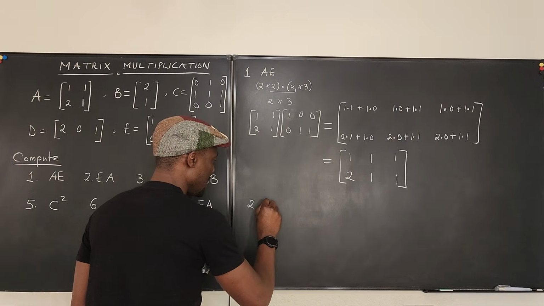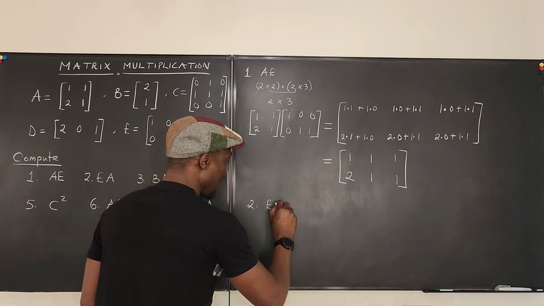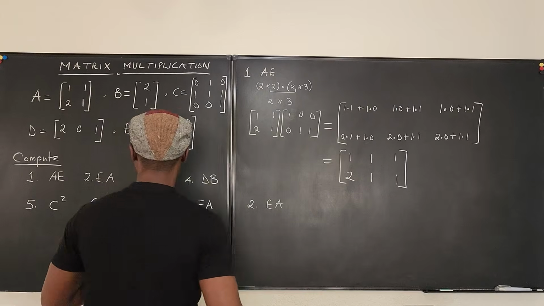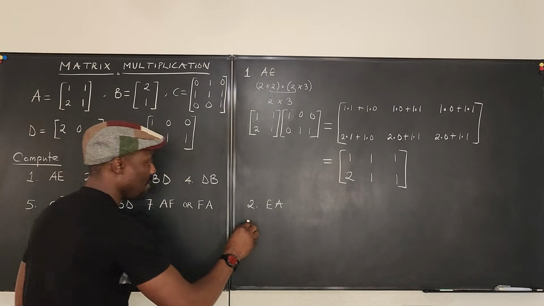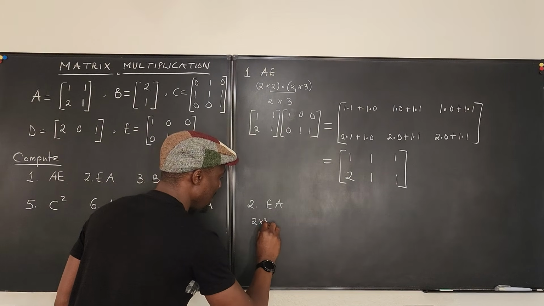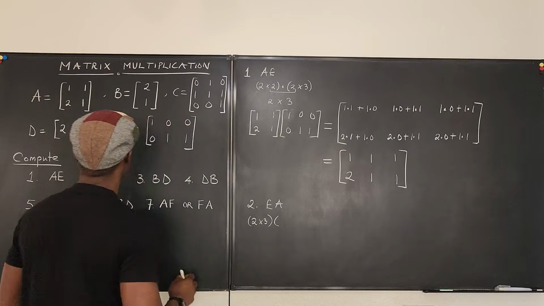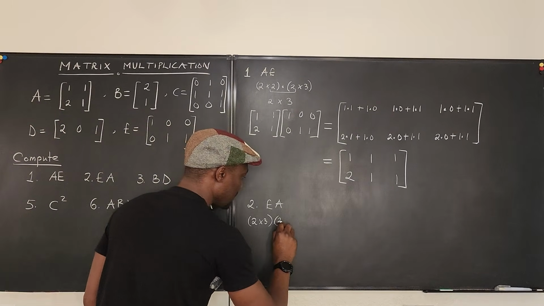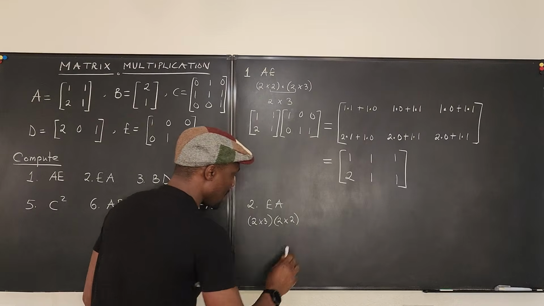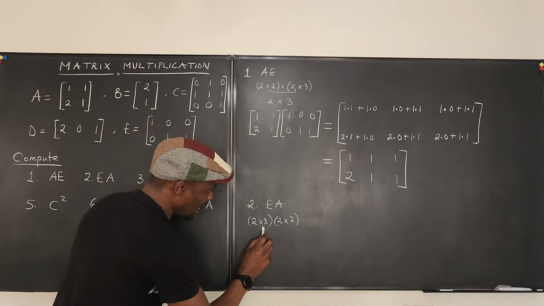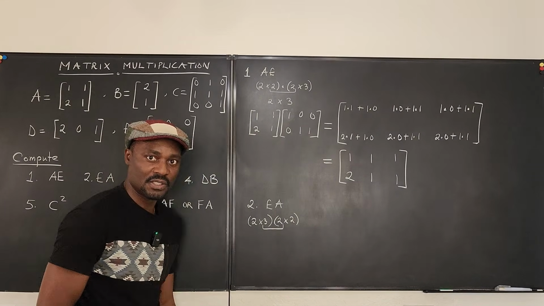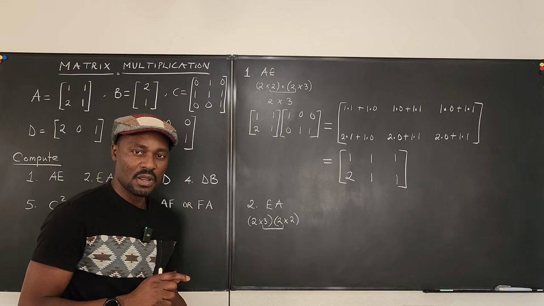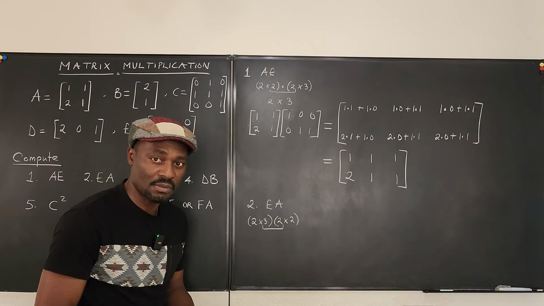Number 2, we want to multiply E by A. We're going to go through this again. E is a 2 by 3 matrix, and we want to multiply it by A, which is a 2 by 2 matrix. Well, you see that the inside dimensions are not the same, therefore multiplication is impossible.